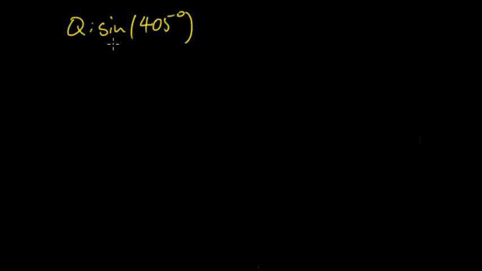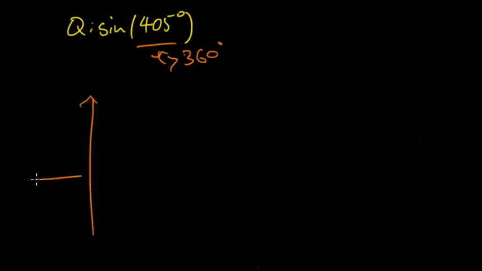So finally, what does sine 405 degrees equal? The first thing you may notice is that 405 degrees is greater than 360. So if it's greater than 360, what happens then? Well, if you go from this point, we go around 360 degrees, then we keep on going, so it goes around.